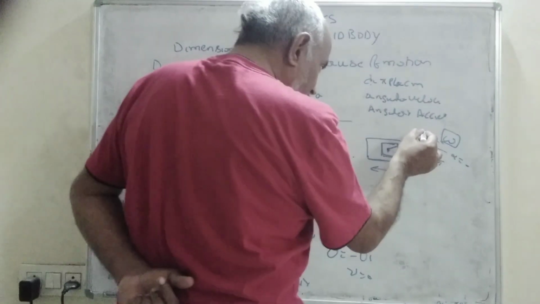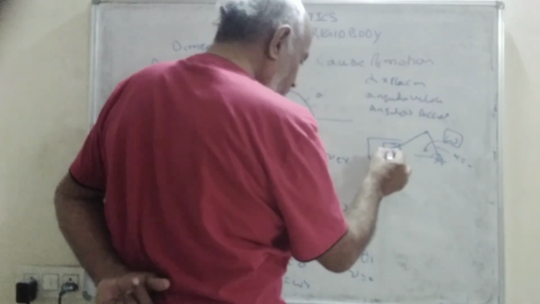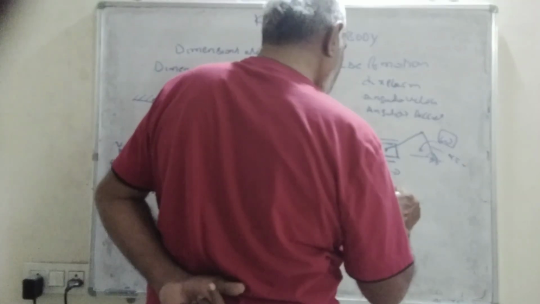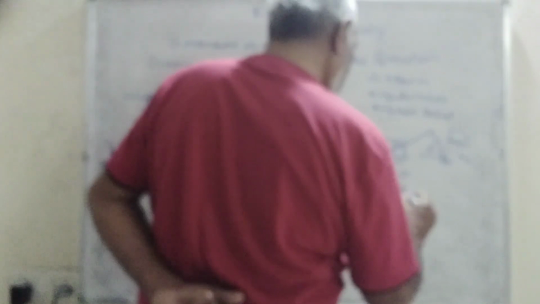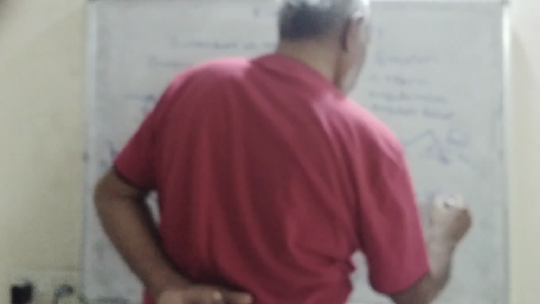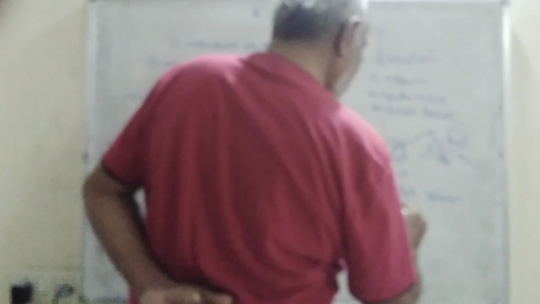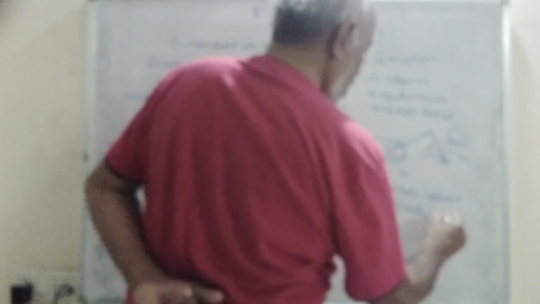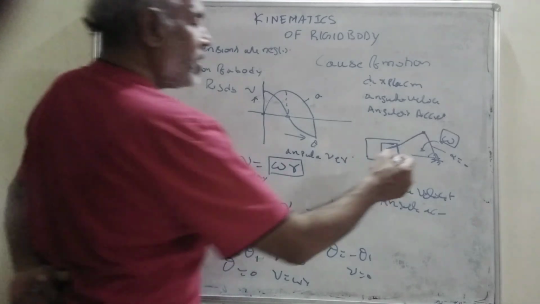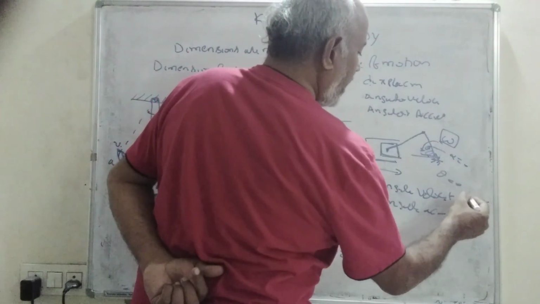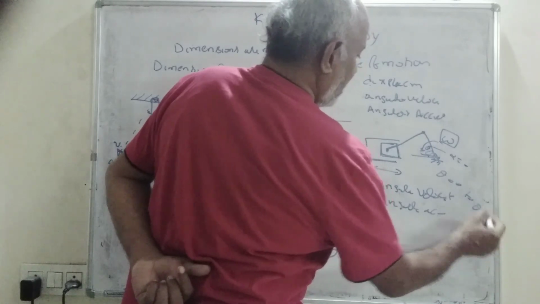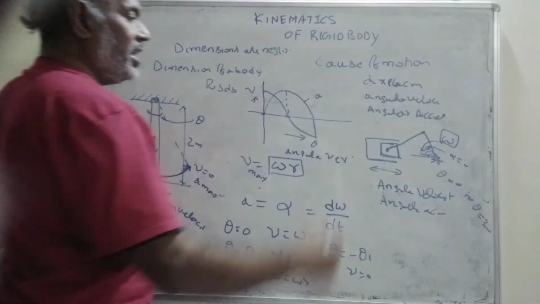But this connecting rod will have angular velocity and angular acceleration from theta equal to 0 to theta equal to 360. That means this crank is rotating through 360 degrees.